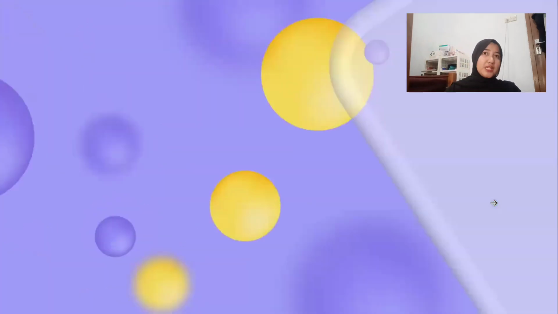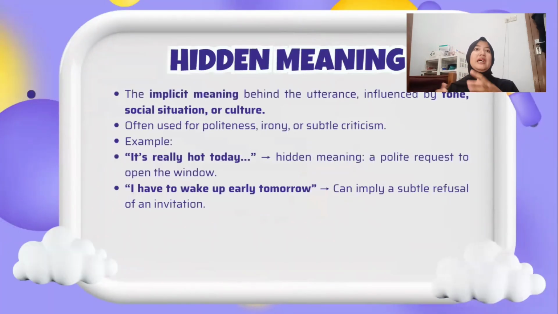And hidden meaning is the implicit meaning behind the utterance, influenced by tone, social situation, or culture. It is often used for politeness, irony, or subtle criticism. The example is when someone sits in a room in an indoor area and says, "It's really hot today."